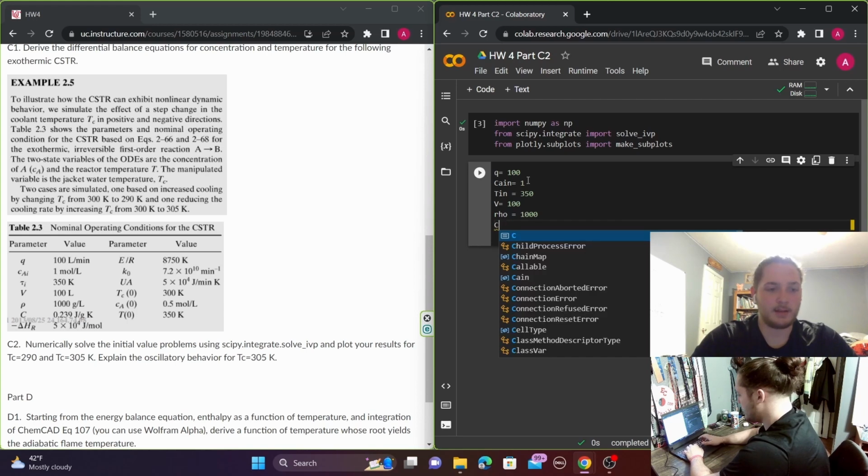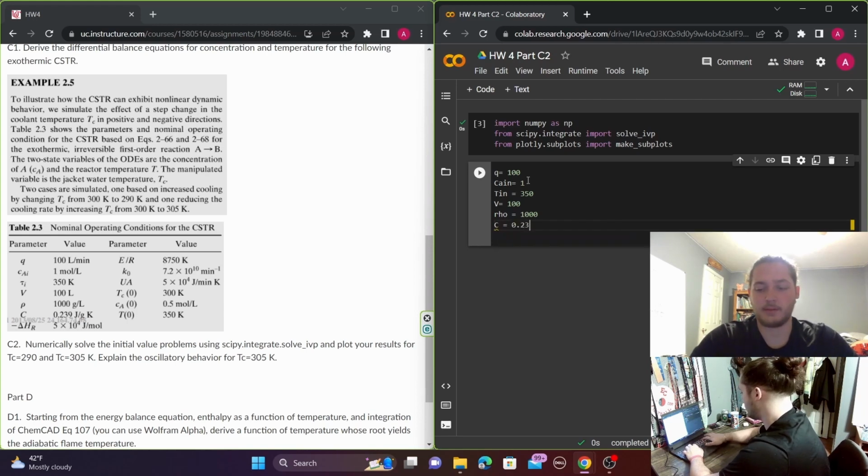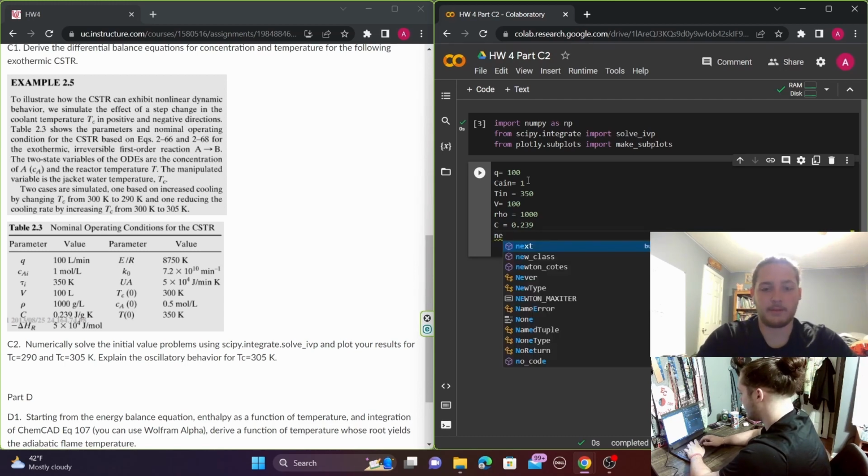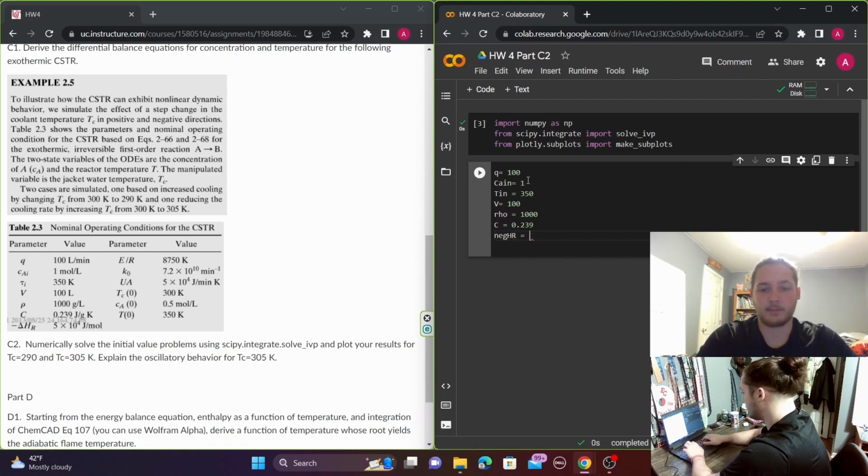Next we have C is equal to 0.239 joules per gram times kilogram. Now we have the negative change in the heat of our reaction, so we can write that as negative HR, and that is going to be equal to 5 times 10 raised to the 4th power joules per mole.